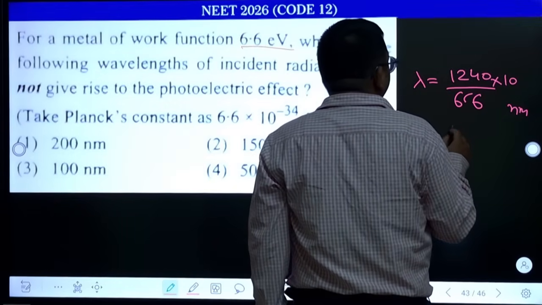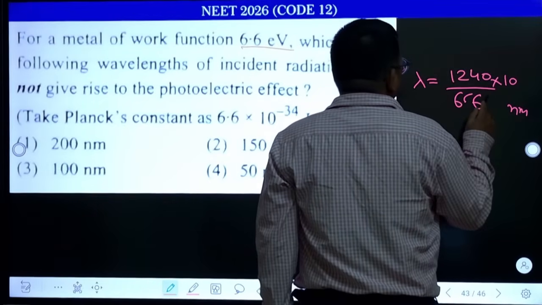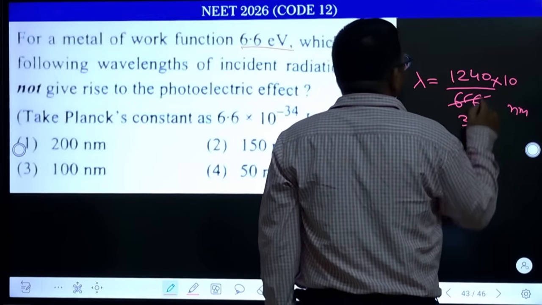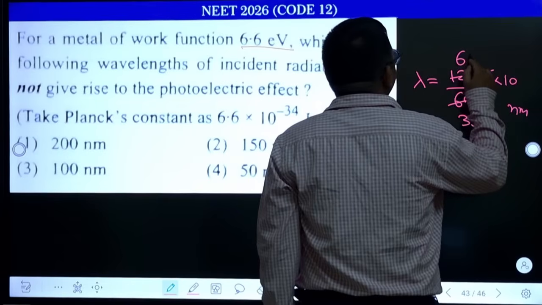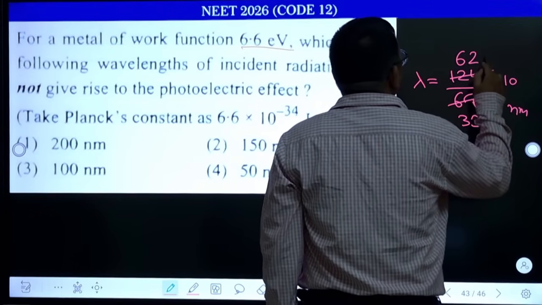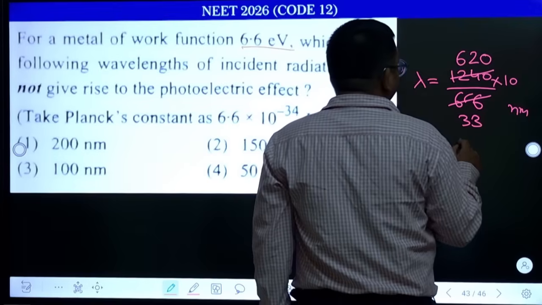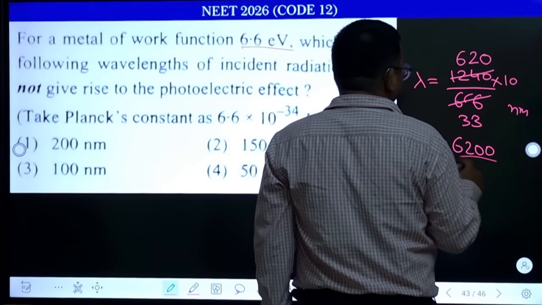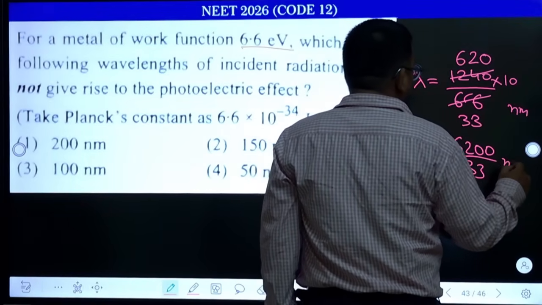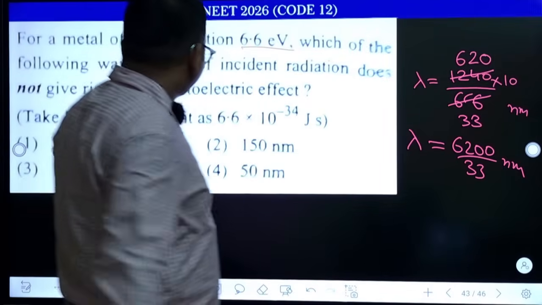So how much will it be? Take this: 6200 by 33 nanometer. Okay, now check how much it is.